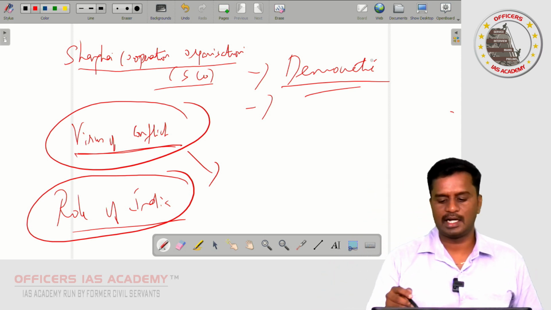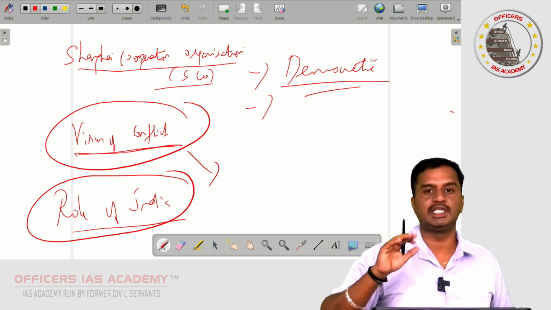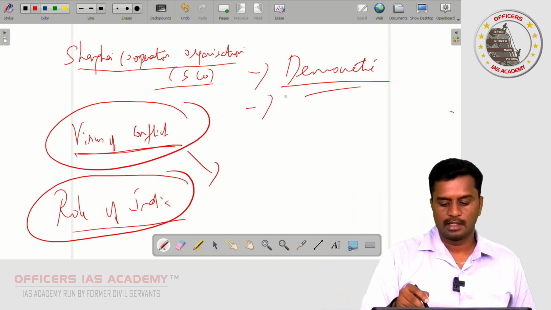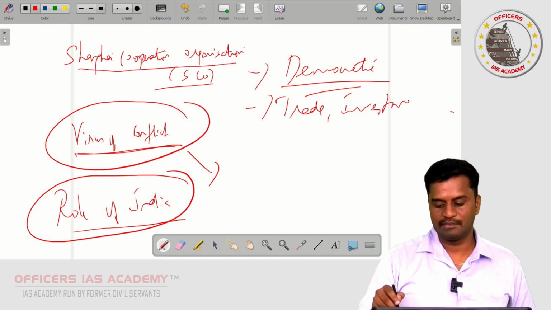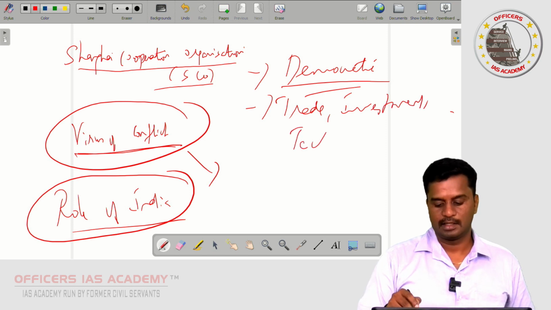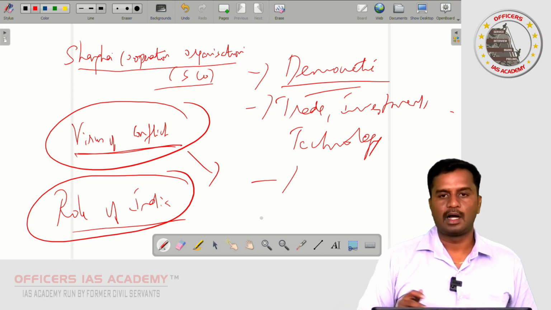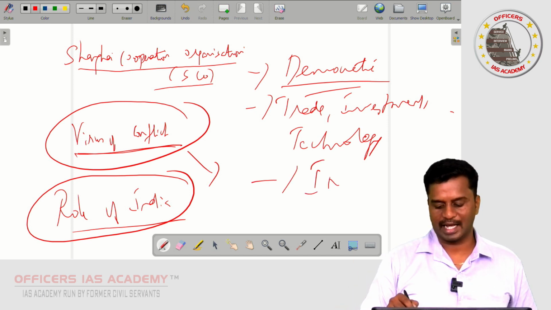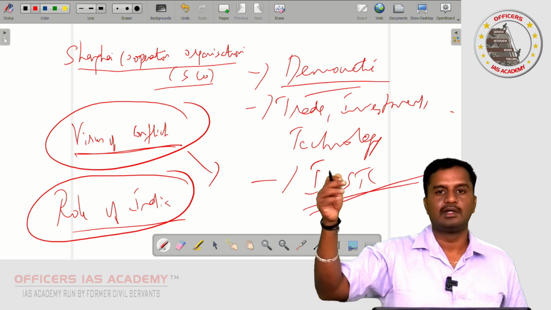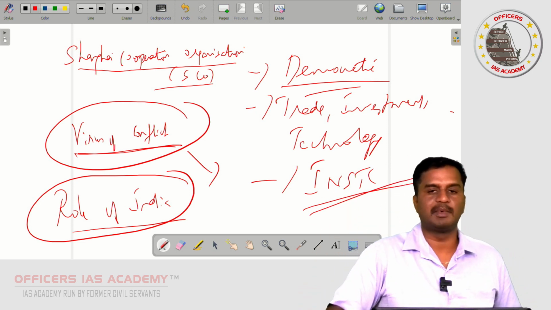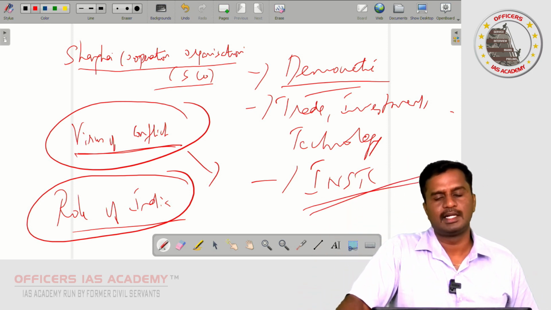Apart from this, India can contribute to SCO in areas of trade, investment, technology. Now, some economic organizations like INSTC have a role to play. INSTC has members of India, Iran and Russia.